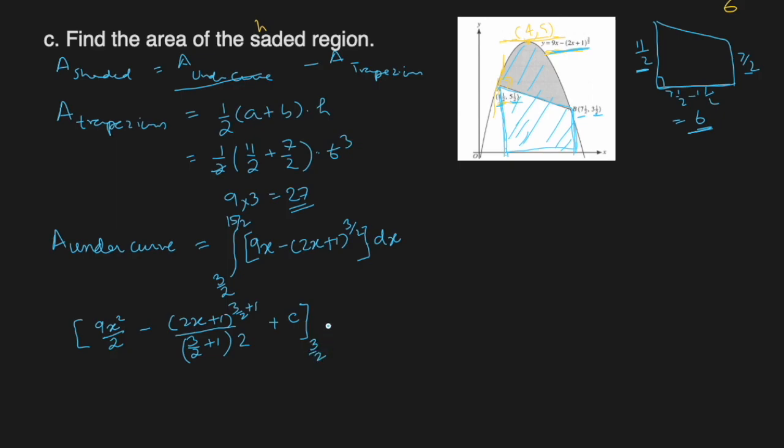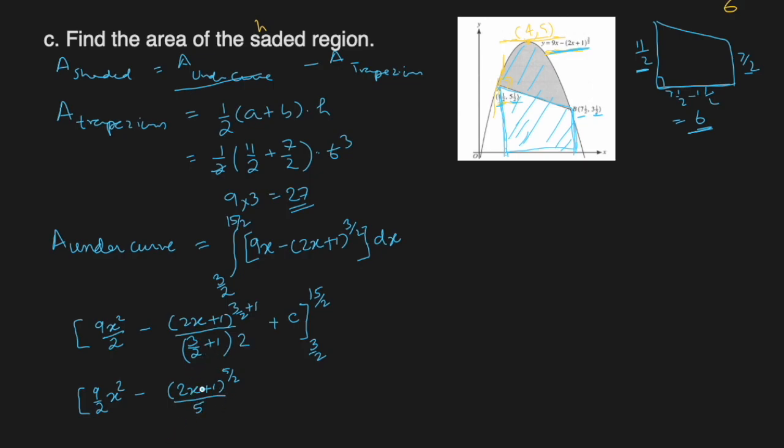From 3/2 till 15/2. Okay, so it becomes 9/2 x square minus 2x plus 1 to the power 5/2 over, this will be 5/2, but this 2 cancels with 2, so we'll be just left with 5.